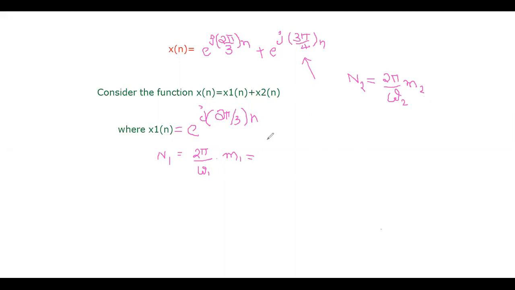Now what is omega 1 here? Omega 1 is equal to 2 pi by 3. So if you substitute the same, you will get N1 is equal to 3 m1.